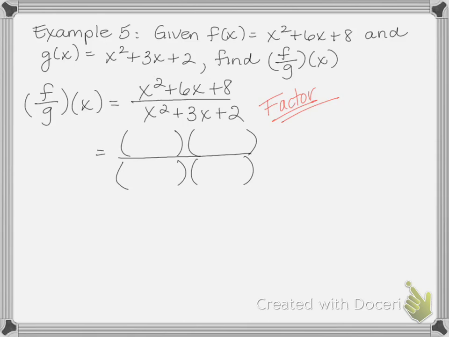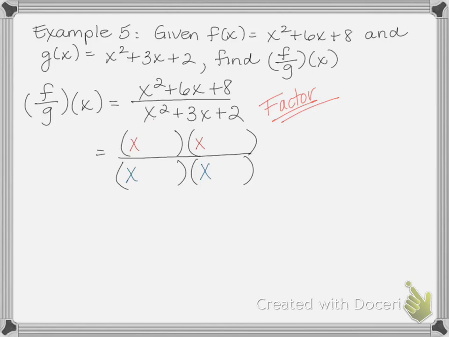Well, the good thing about this is that we have x squared terms on top and bottom, which is really easy to figure out, because what times what gives me x squared? Well, we all know x times x gives me x squared. Very simple. On the bottom, x times x. Very easy. Now, what do we do to figure out the rest of the problems?